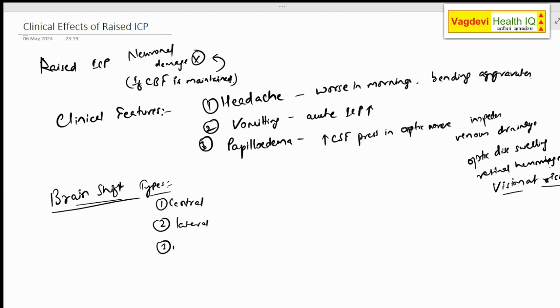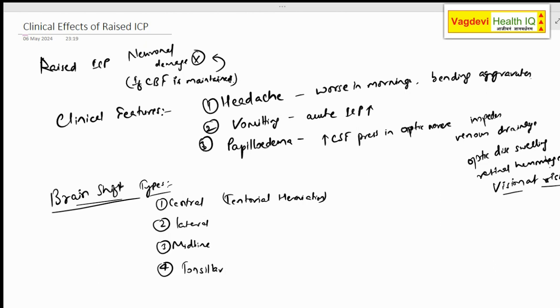Then midline. Then tonsillar. Central is also called tentorial herniation. Where does it happen?